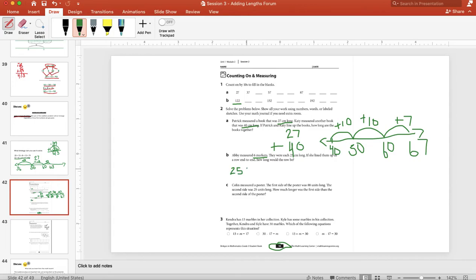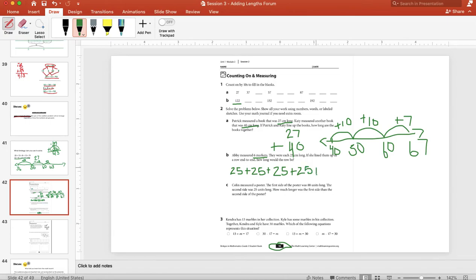So 25 plus 25 plus 25 plus 25. So that's 1, 2, 3, 4.